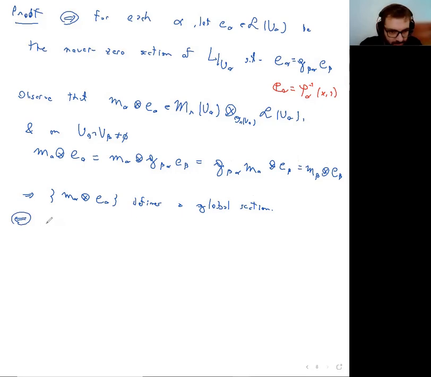So let's look at the other direction. This is very easy. So m is your global meromorphic section.